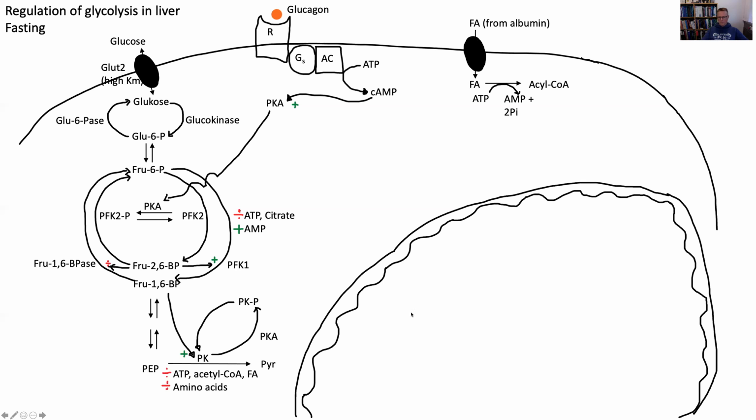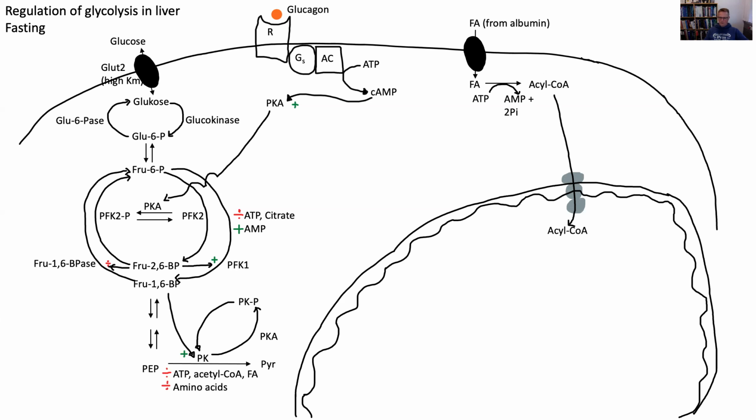As in muscle, we also know that fatty acids can be imported into hepatocytes by different mechanisms mediated by different transport proteins. And as we saw in muscle, the fatty acids will also need to be activated to acyl-CoAs in order to be metabolized.